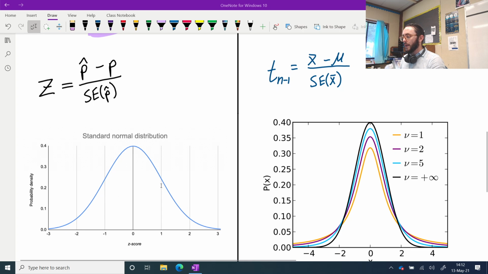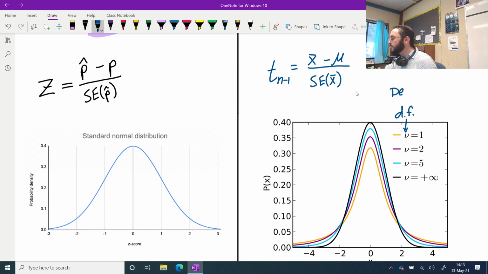And we know that at a certain point, there is a certain probability or area to the left and to the right. For the t distribution, there's something else that we need to specify, and that is the degrees of freedom, commonly abbreviated DF. Okay? So degrees of freedom.